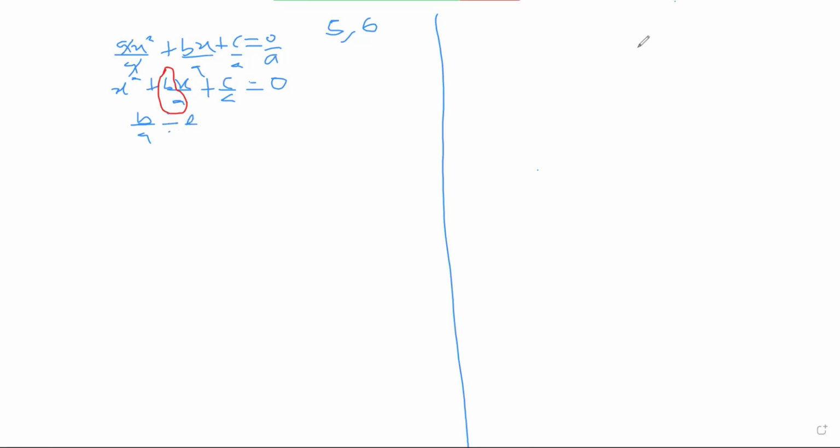If you divide it by 2, this is going to give us b over a times 1 over 2. And the final answer is going to be b over, that is b times 1 gives us b, then a times 2 gives us 2a. We are not going to stop there. The next thing we are going to do is square our answer.